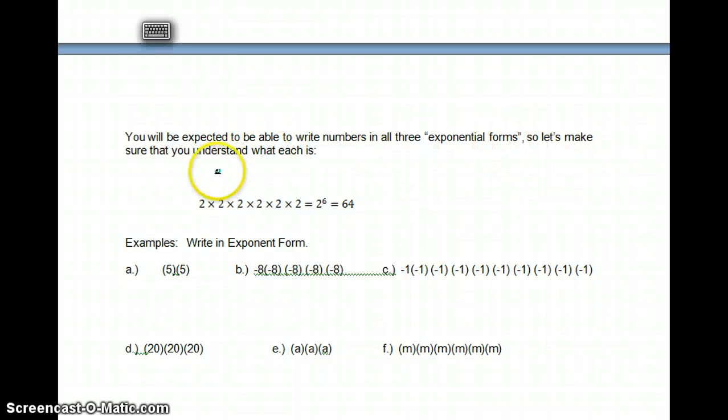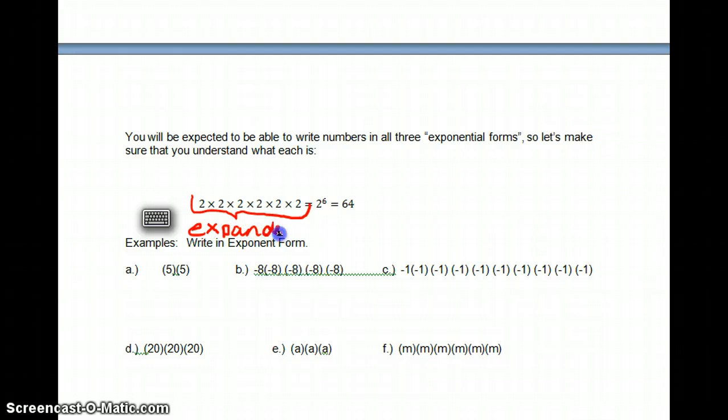Now, the first form that we have here, the 2 times 2 times 2 times 2 times 2 times 2 times 2. This form is the expanded form. This is the form that your text also refers to as long notation.